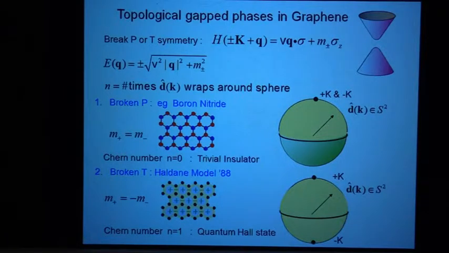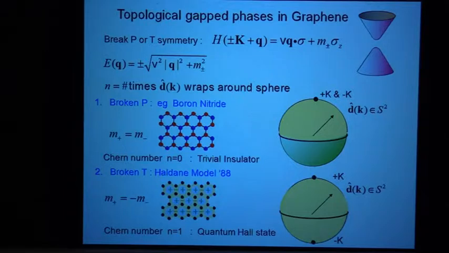So what Duncan imagined doing was applying a magnetic field which is not uniform. It's 0 on the average. And if it's 0 on the average, that means that the net magnetic flux in any unit cell, in any hexagon, is equal to 0.